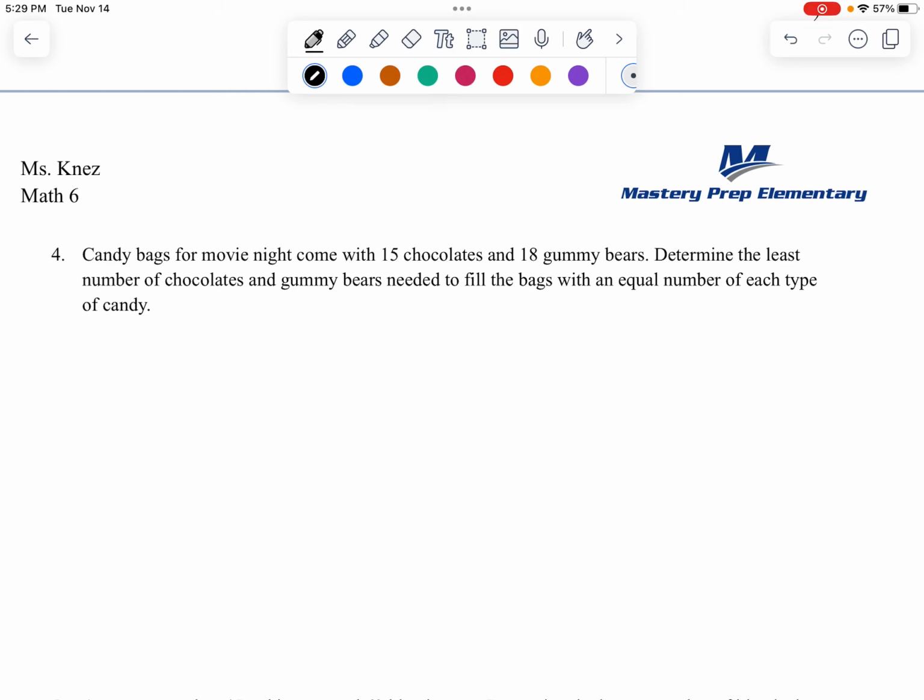Question 4 says, candy bags for movie night come with 15 chocolates and 18 gummy bears. Determine the least number of chocolates and gummy bears needed to fill the bags with an equal number of each type of candy. This time, I have a few hints that I'm looking for the LCM. First is that I know that I'm buying candy bags for a movie night that come with 15 chocolates and 18 gummy bears.